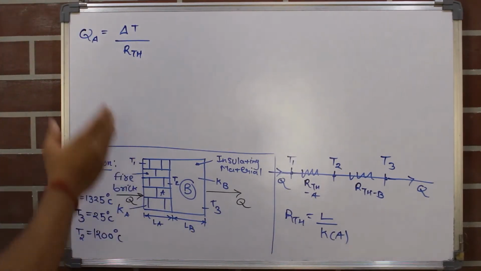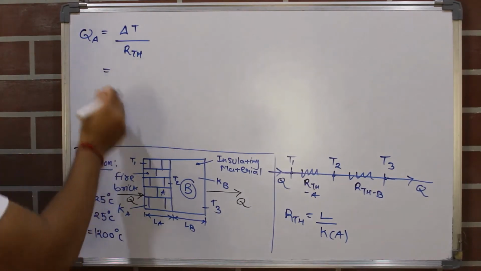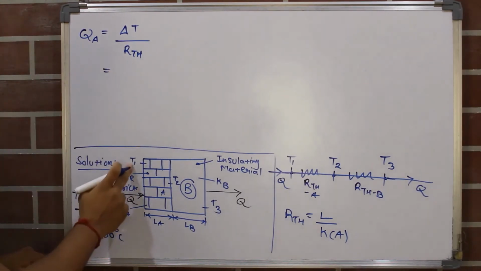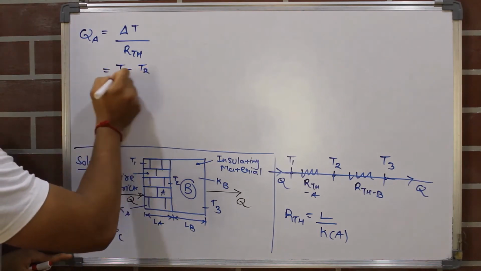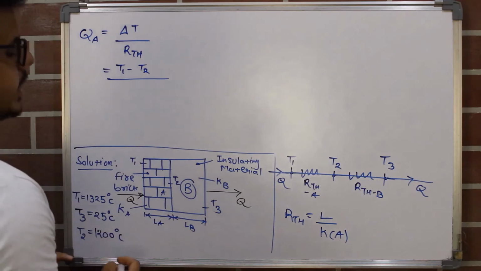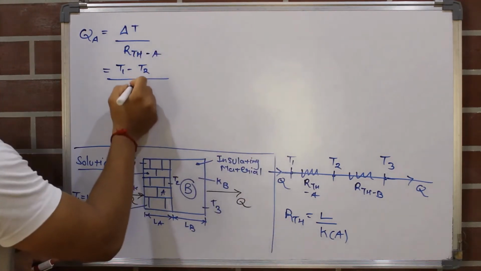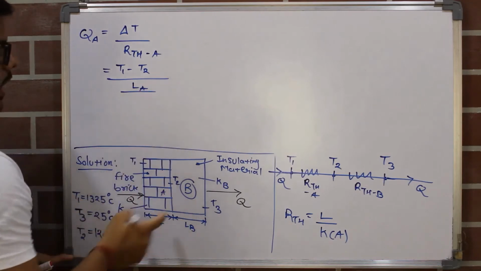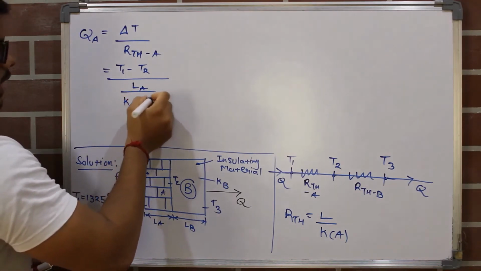Now we will substitute here. What will be delta T? It is for wall A only, so it will be T1 minus T2. So T1 minus T2 divided by RTH. RTH for A is LA, the thickness of wall A, divided by KA into A.